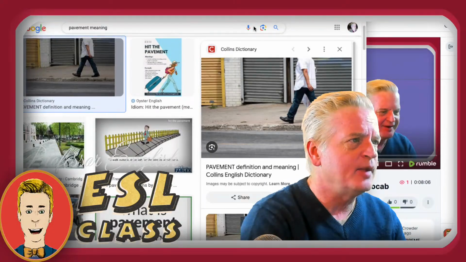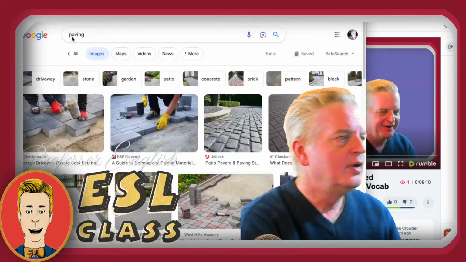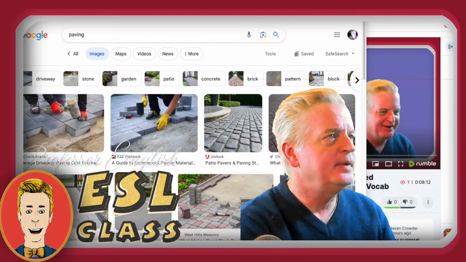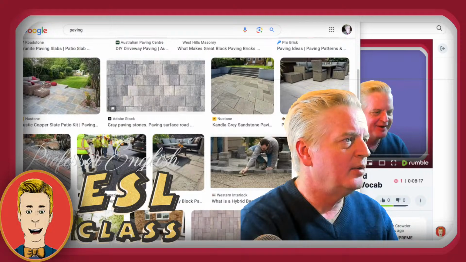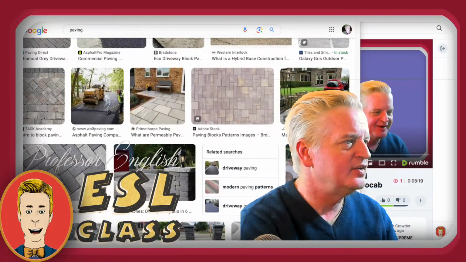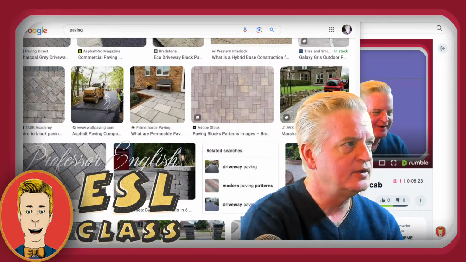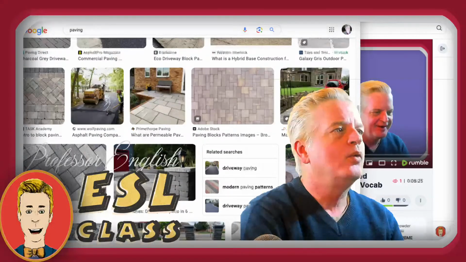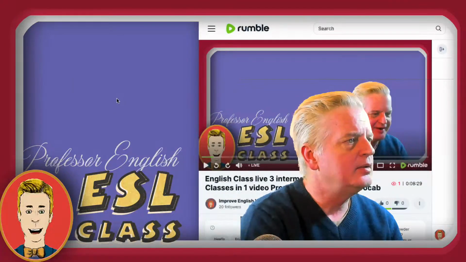So if I type paving in here, let's do paving. You see people making streets with different material because that's what pavement is about. It's about the material you put on the street to make a street. But let's type a phrase up here at the top.